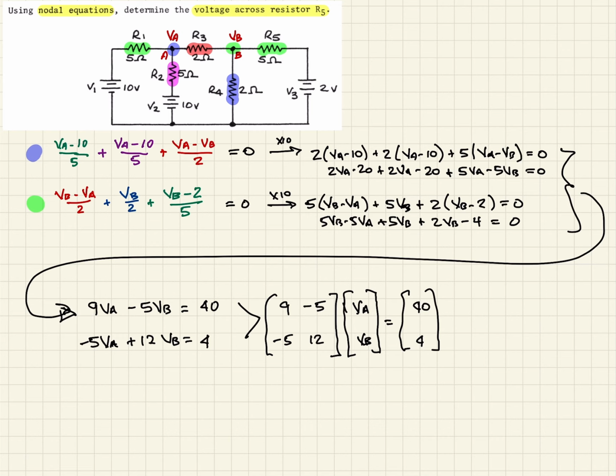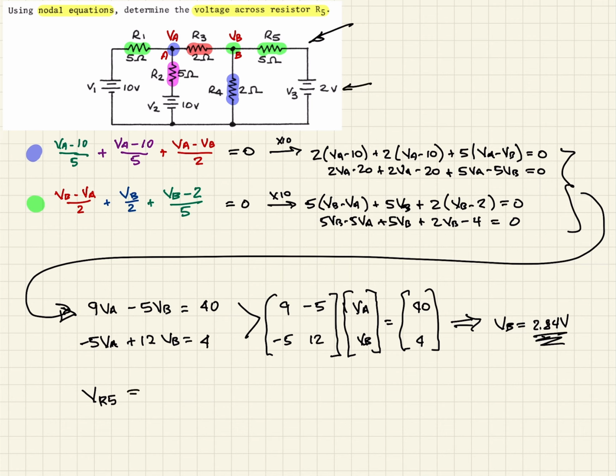When we do, what we come up with is that VB is equal to 2.84 volts. What we're asked to find is the voltage across R5. When we look at our schematic, we see that the voltage across R5 is going to be the difference in VB and V3, this voltage here.